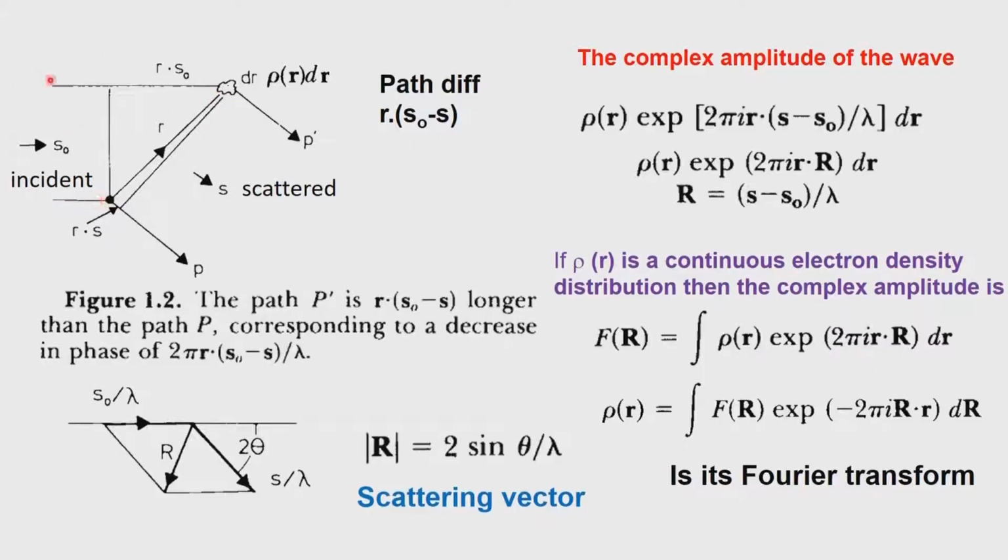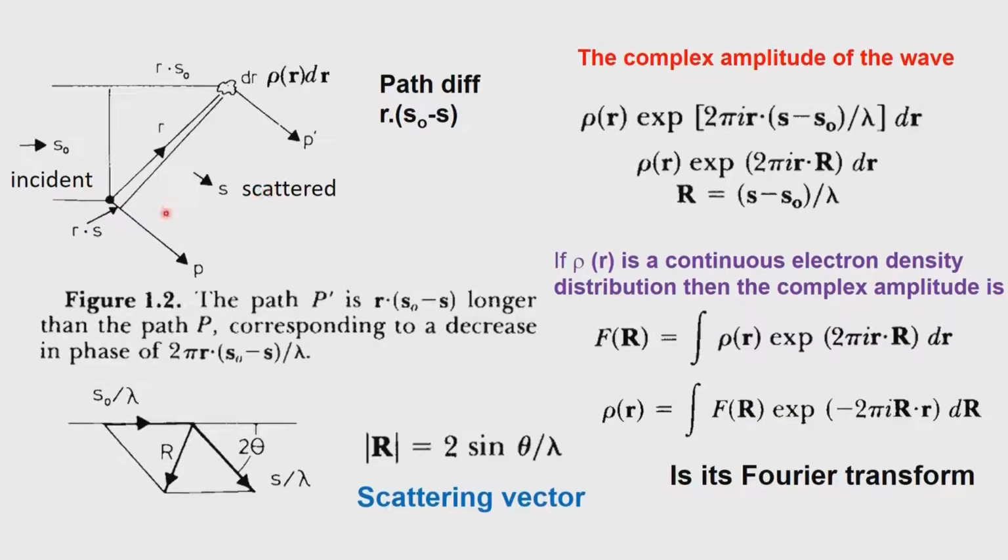The incident beam comes up here and falls on this rho of r d of r, and then it scatters in this direction P P prime. This direction in which it scatters can also be considered in terms of a unit vector S. So, S naught is the incident unit vector and S is the scattered unit vector.